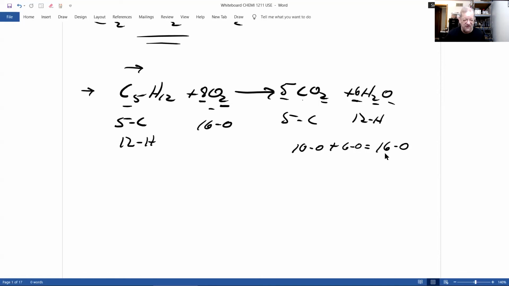And 2 goes into 16 8 times. So let's check. 5 carbons, 5 carbons, 12 hydrogen, 12 hydrogen, 16 oxygen, 16 oxygen. And now it's balanced. 1 mole of, this is called pentane. That's the organic chemical name for this, which I'll never ask on a test, plus 8 moles or molecules of oxygen, make 5 molecules or moles of CO2, carbon dioxide, plus 6 molecules of water. This is called combustion.